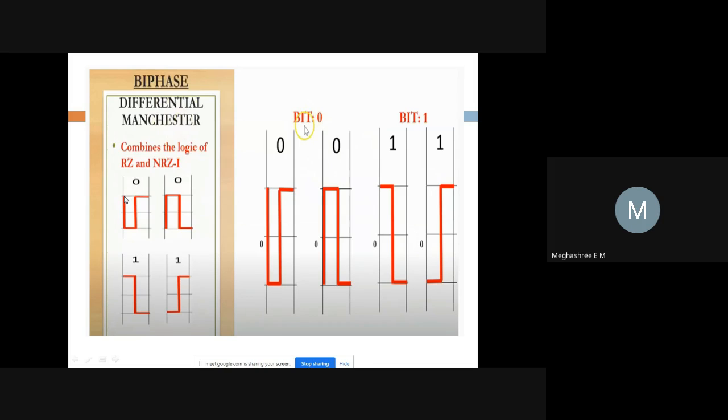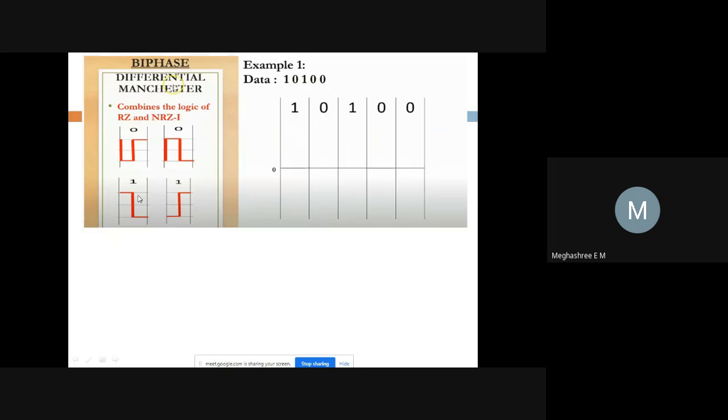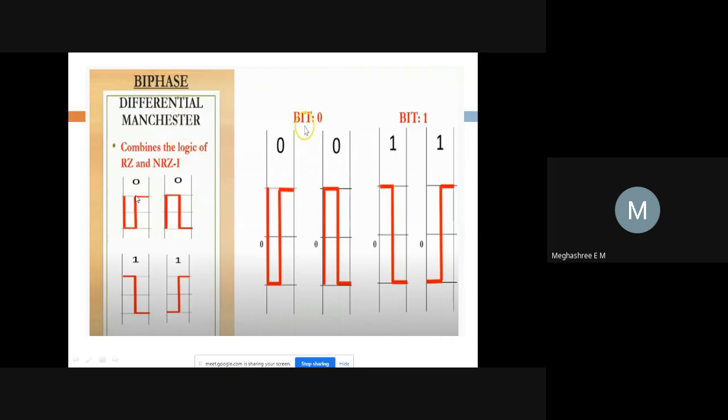So the signal starts from one side and remains at the same side. Either you can represent the 0 bit this way, or you can start writing the signal in this way. That means you can either start from the positive side or from the negative side, depending on the signal. This is when you are supposed to represent the data bit 0.